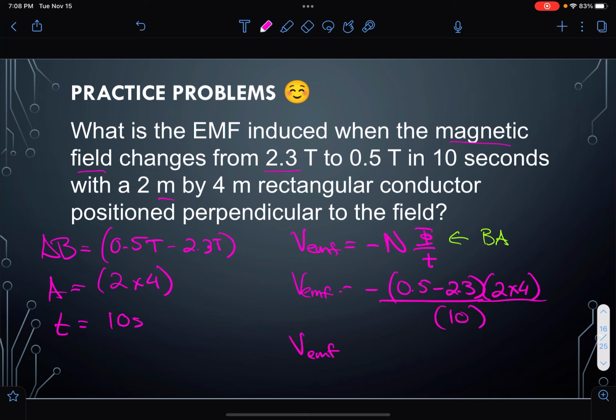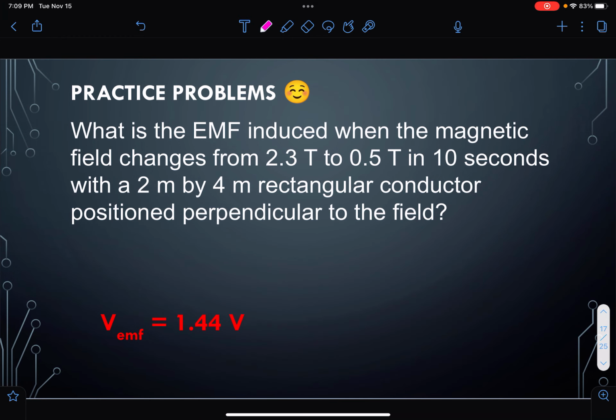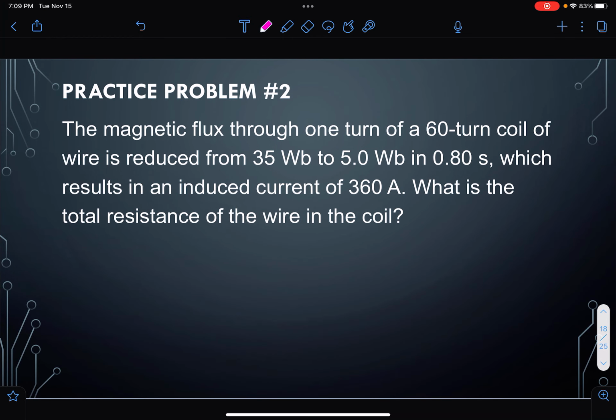And when I throw that all into my calculator, my negatives cancel each other out there, and I end up with 1.44 volts. And there it is. As always, please feel free to pause so you can try these on your own, and then if you get stuck, you can check back, okay?